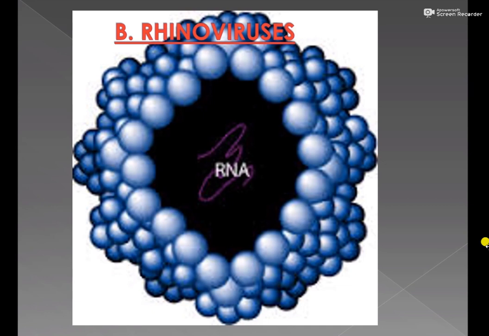They are acid labile, so they cannot infect through the GIT, only through the respiratory tract. And finally, most importantly, the replication temperature: rhinoviruses replicate at 33 degrees centigrade, while enteroviruses can replicate at 37 degrees centigrade.